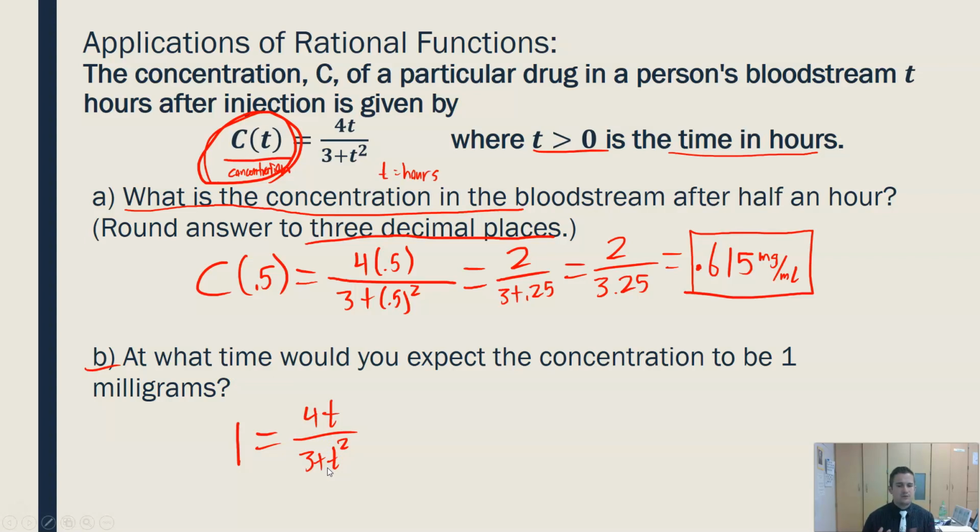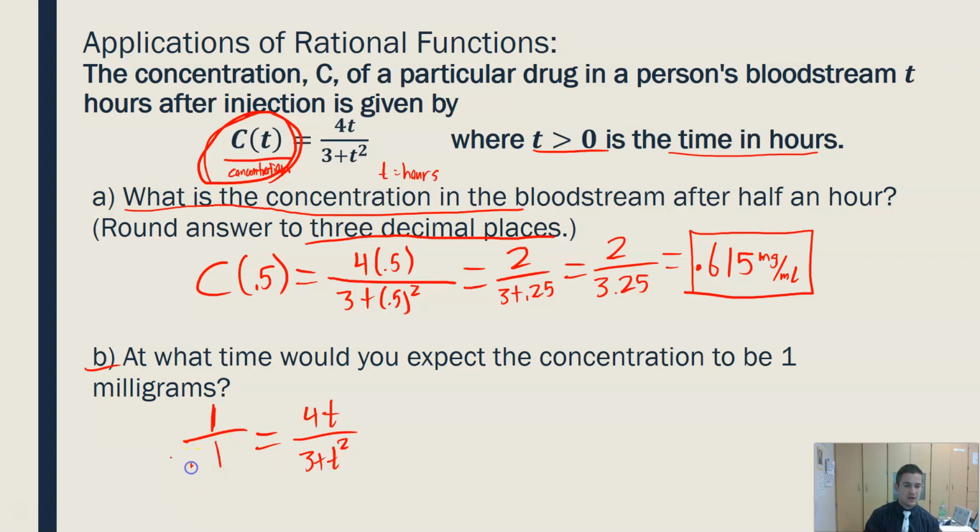There's a couple different things that right off the bat I can think of that I could go about solving this. So if I reflect back to when I talked about rational functions, I could write this side as 1 over 1. In order to solve this, I would need to have the same denominator, which means over here I would need 3 plus t squared.